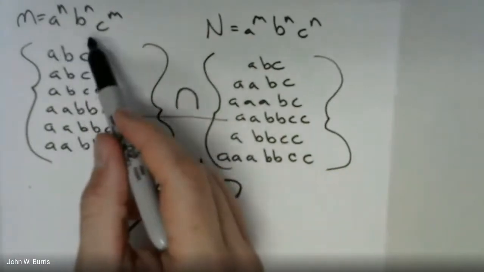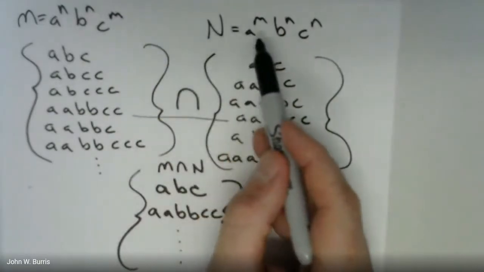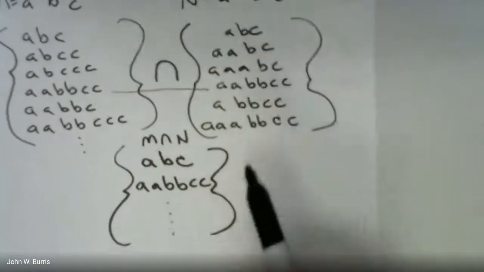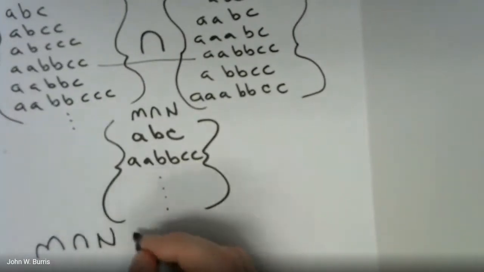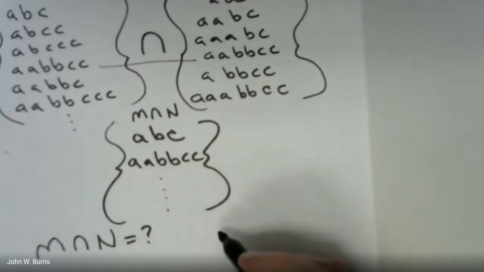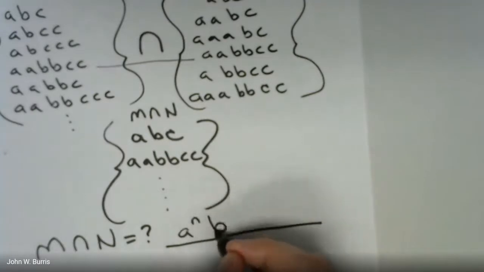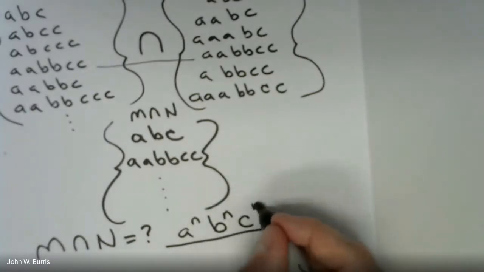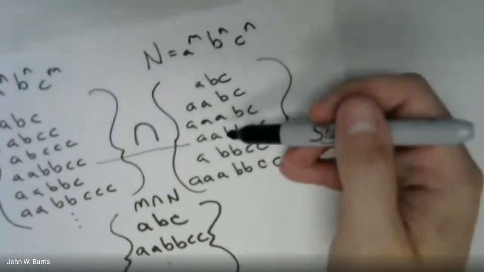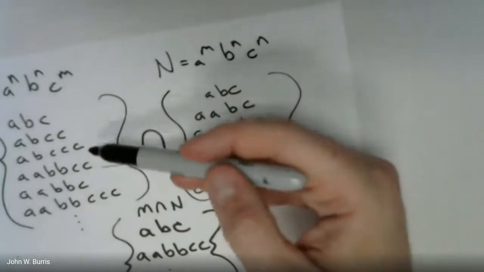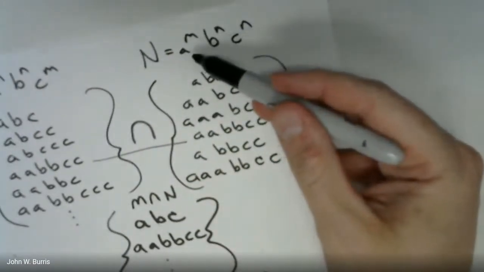When M is A to the N, B to the N, C to the M, and N is A to the M, B to the N, C to the N, what is M intersect N? The answer is A to the N, B to the N, C to the N. The only time the members of N will also be in M is when the number of B's is equal to the number of A's.